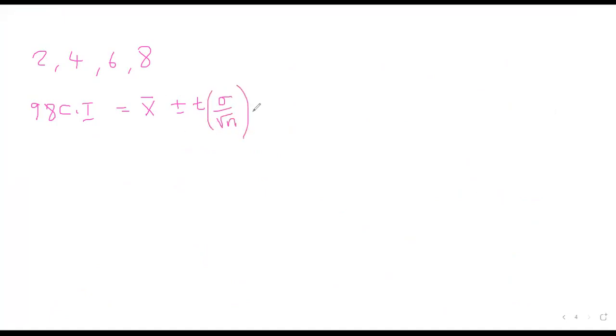In this case, we don't have a mean or a standard deviation. We go to our topic 1, statistics for 2, 4, 6, 8. This is one topic most people underrate, but you need to understand it. 2 squared is 4, 4 squared is 16, 6 squared is 36, 8 squared is 64.